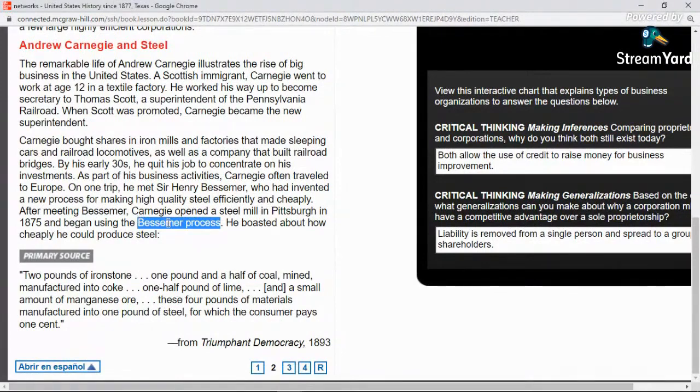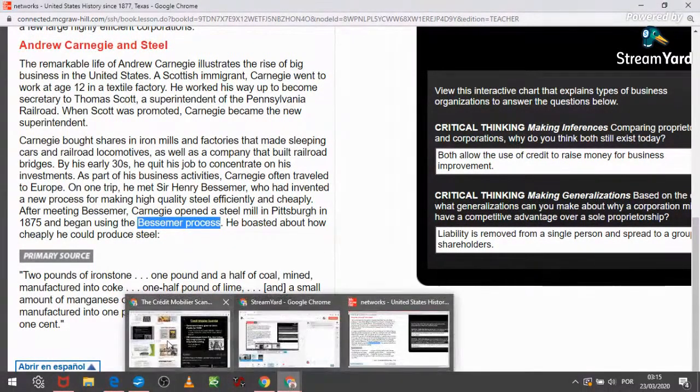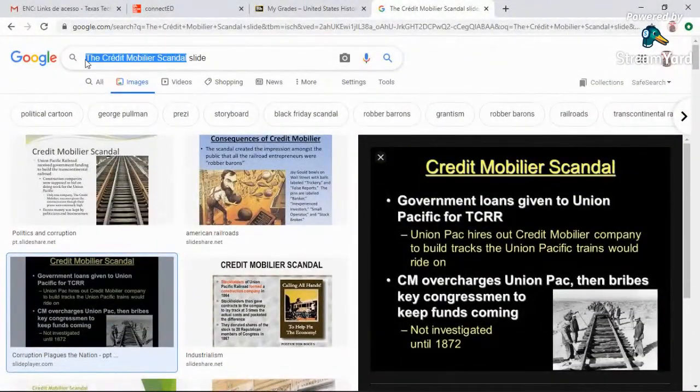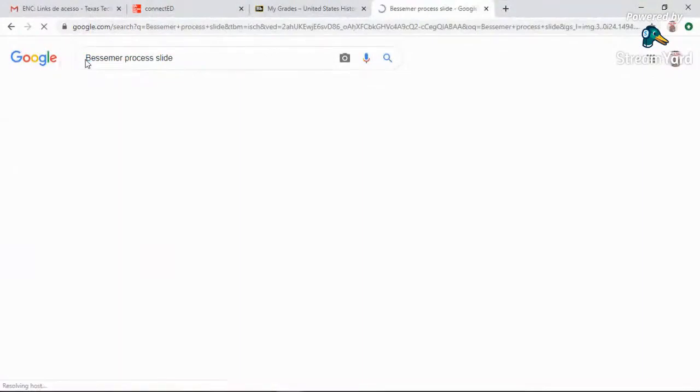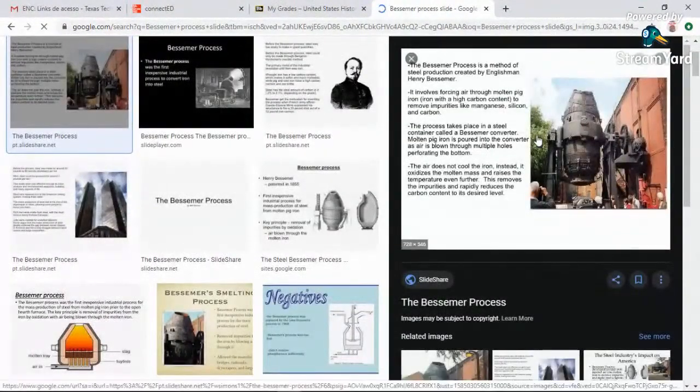So the Bessemer process, guys, you should really take a note on this. It is smelting. Okay, there it is. You put iron in there, and it takes all the impurities out of the iron, and it's able to make steel.